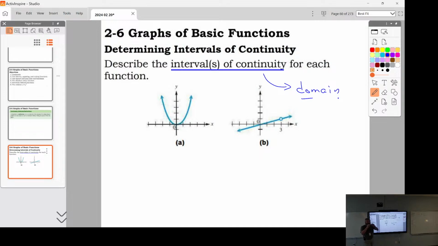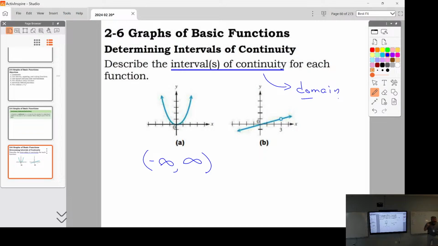So this parabola, I understand you're saying it's going up, but isn't it also going right and left as well? It goes left forever. It goes right forever. So the interval of continuity for graph A starts at negative infinity and goes to positive infinity. And why do I put parentheses around those? No one can tell me the exact value of infinity. If you can tell me the exact value of where this happens, then you would put a bracket.